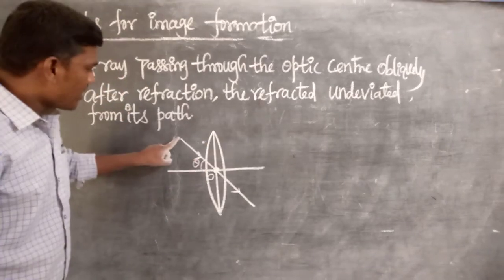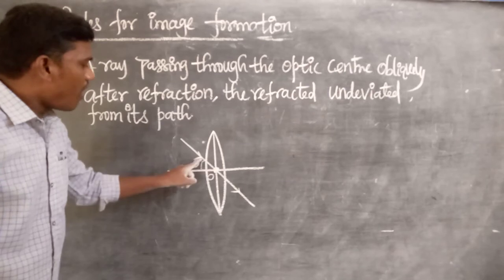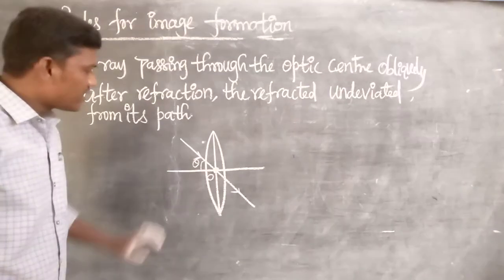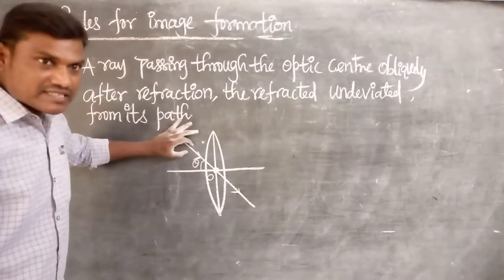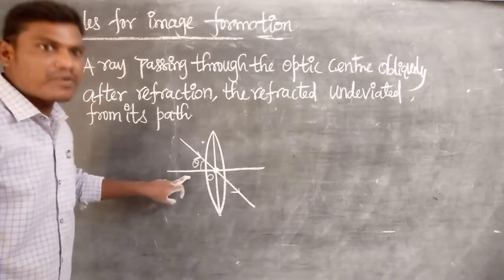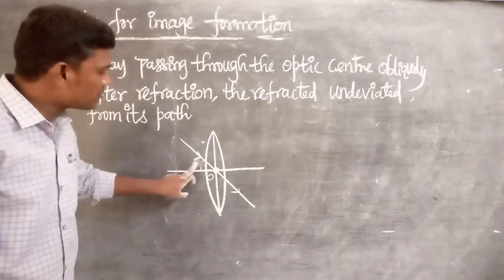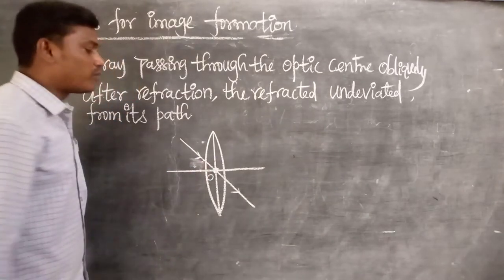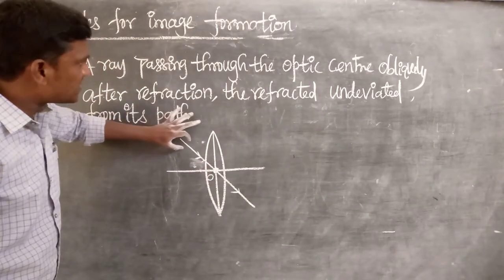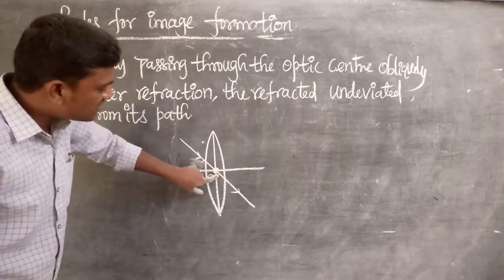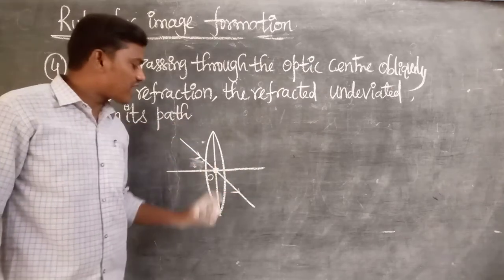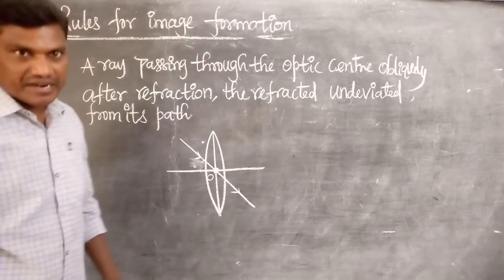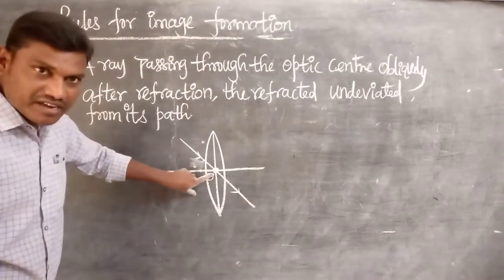A ray passing through the optic center obliquely is nothing but the incident ray makes a certain angle with the principal axis when passing through the optic center. This is the angle, like this. This is called obliquely. When the incident ray is passing through the optic center obliquely, after the refraction, it is undeviated. Is it really undeviated?